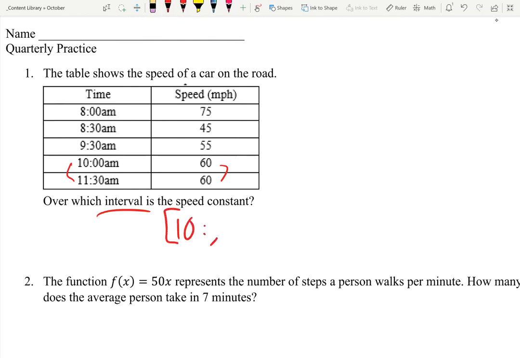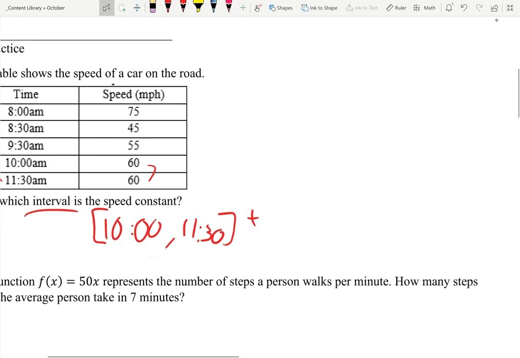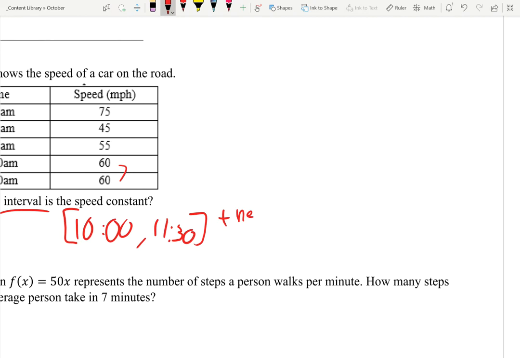And part of my notation here, from 10 o'clock to 11:30. Over that interval, the speed remained constant.